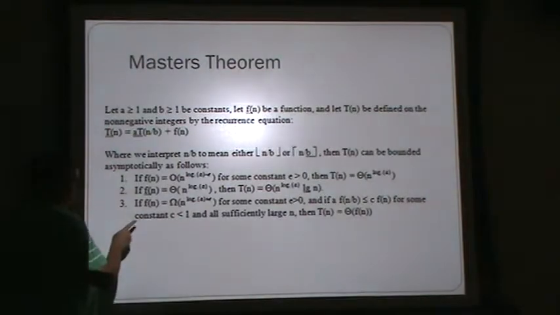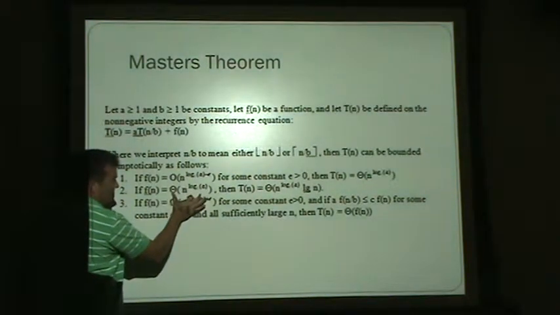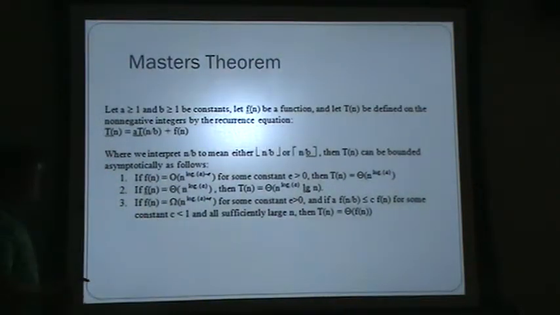We're going to do a comparison of n to the log b of a, and see how that compares to whatever this is. Case 2 ends up being where they match exactly.